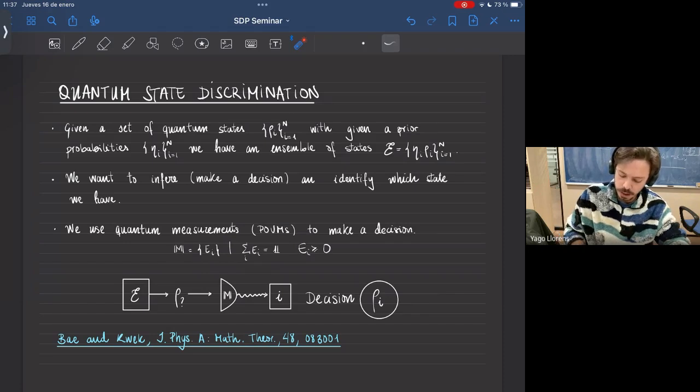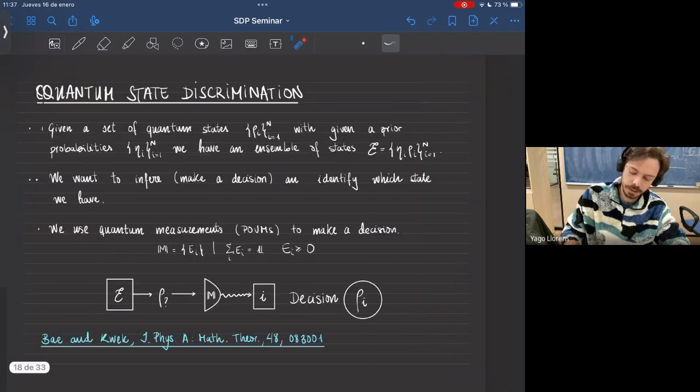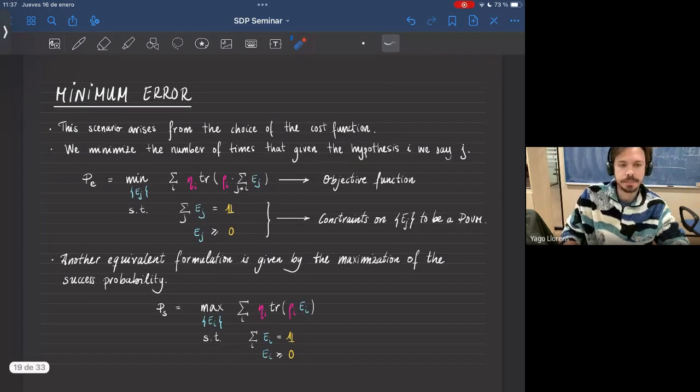We have the freedom to choose the measurement. The most typical scenario is called the minimum error, where we are trying to minimize the error we have when inferring which of the states it was.